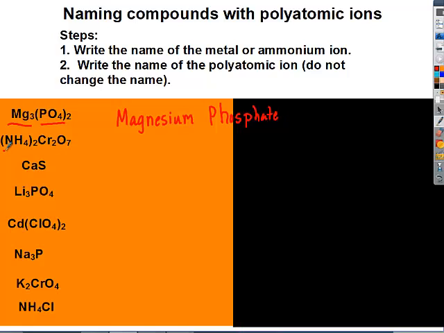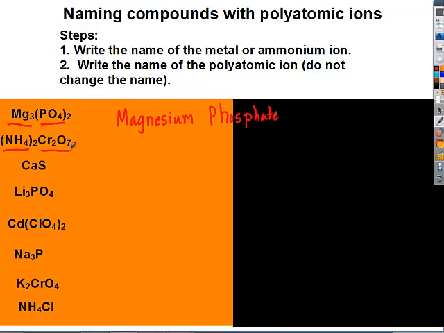This one right here, I have NH4, and I have Cr2O7. So there are 2 different things here. NH4, let's look at the back of our periodic table where it says polyatomic ions. NH4 is ammonium.